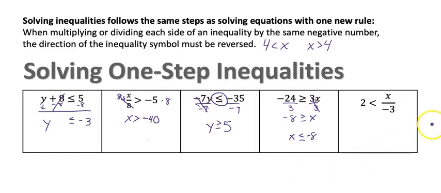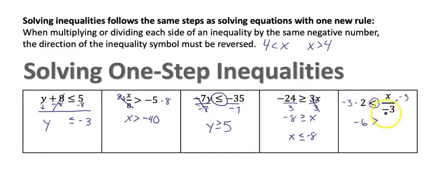All right, one more. I have 2 is less than x divided by negative 3. That's what a fraction means. I undo divided by multiplying. So I'm going to multiply both sides by that negative 3. Now, as a mathematician, I just multiplied by a negative, so I'm going to need to reverse the symbol. Negative 3 times 2 is negative 6.